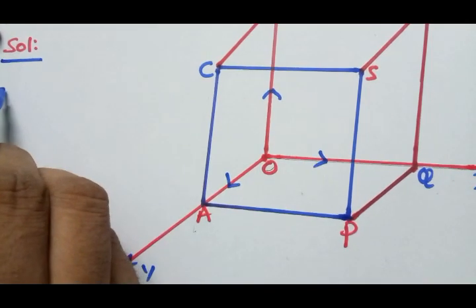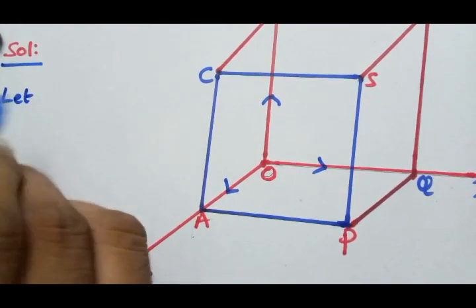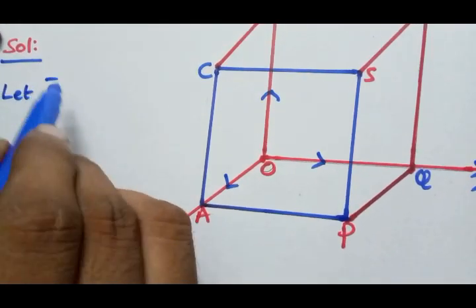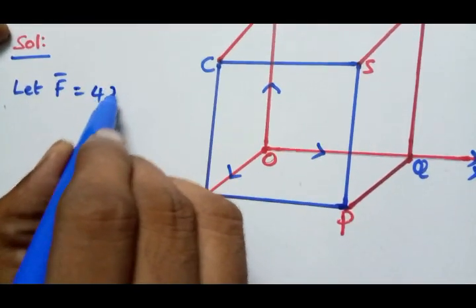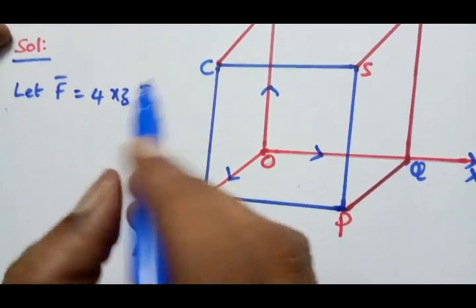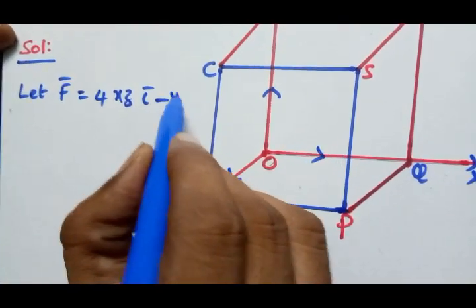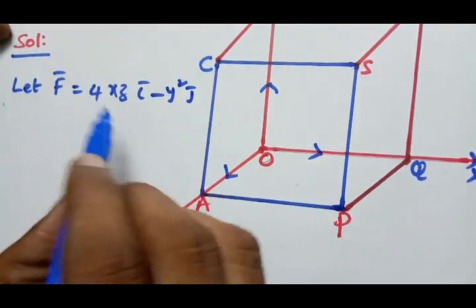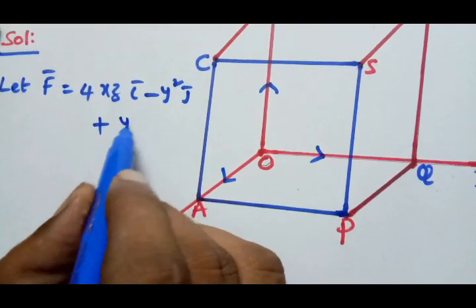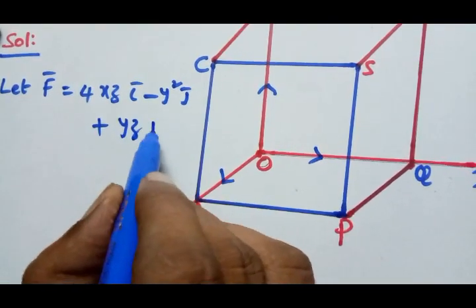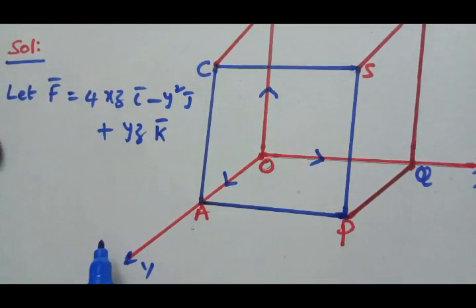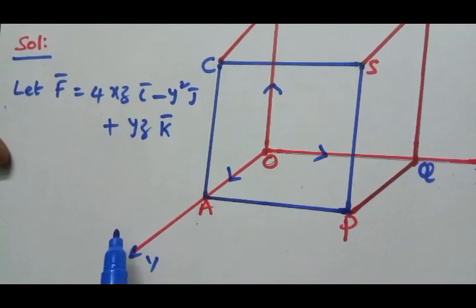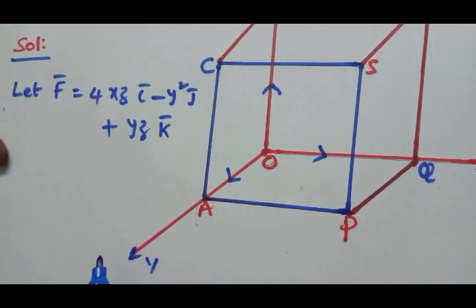Here let F bar be equal to 4xz i bar minus y square j bar plus yz k bar. This is the given vector point function defined on the surface of the cube.